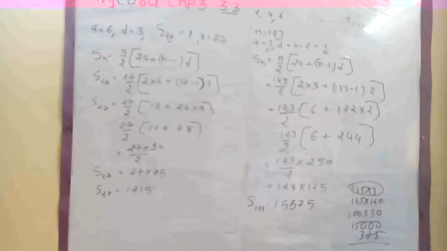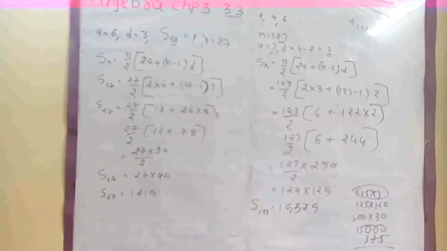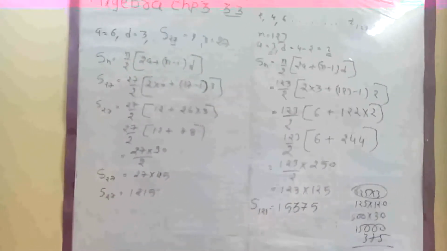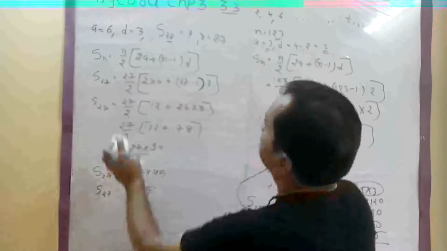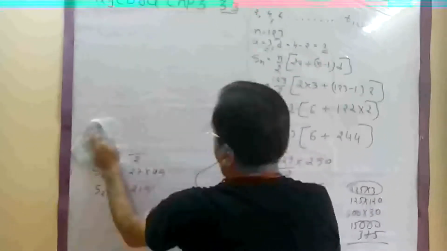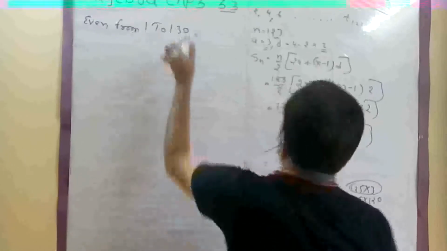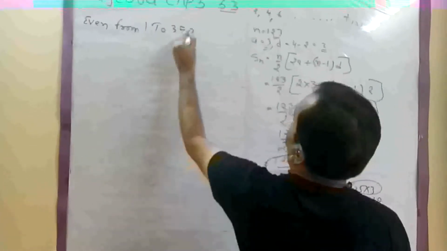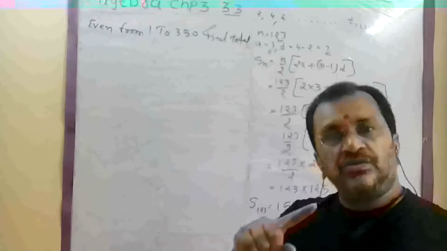Next, find the sum of all even numbers from 1 to 350, sorry, not 130. Find the total.